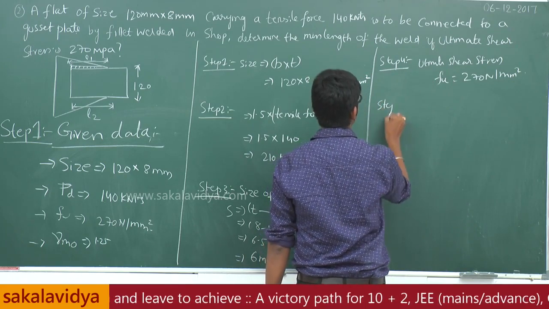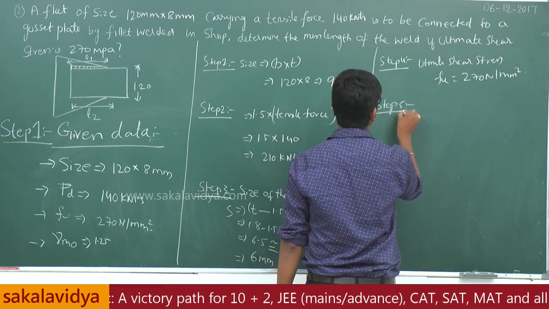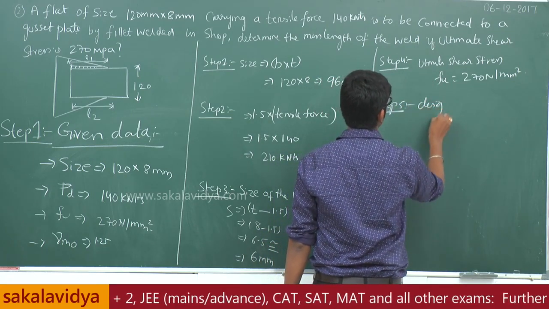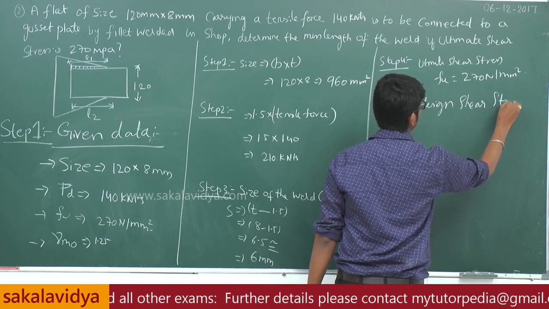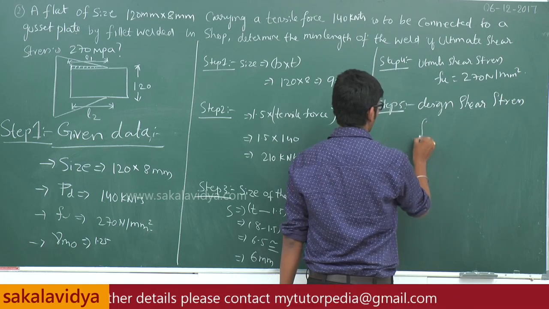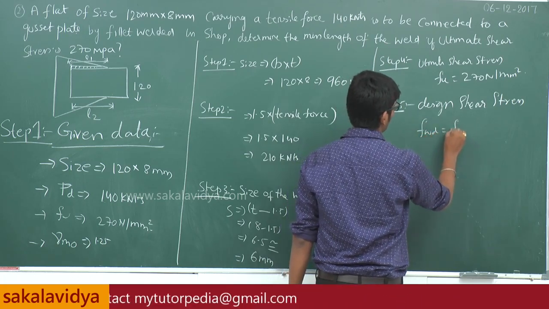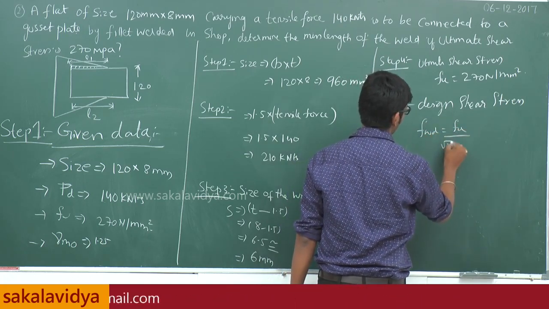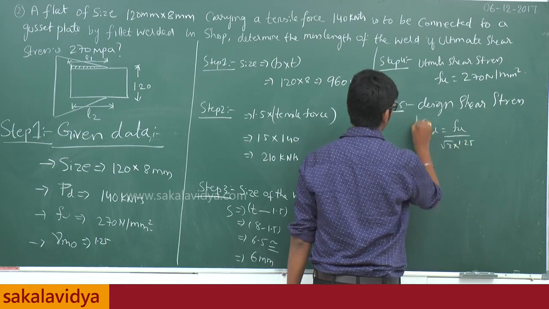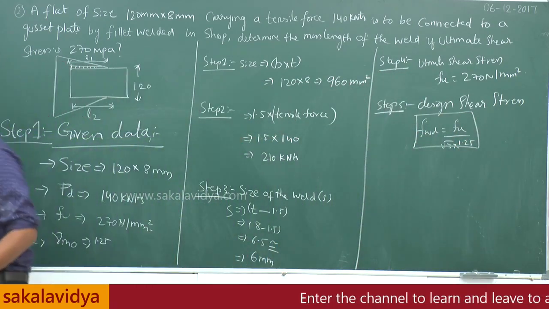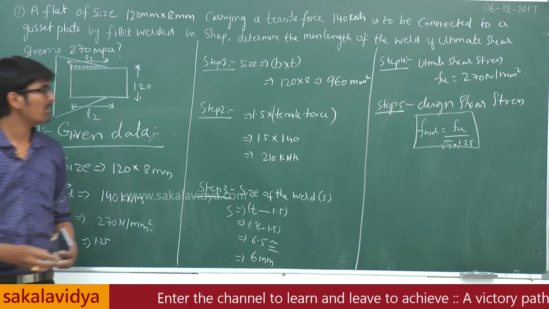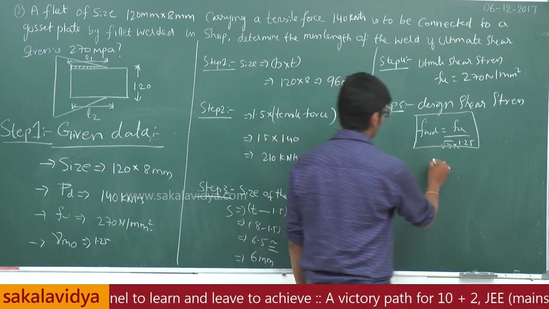Step 5, design shear stress, that is Fwd is equal to Fu by root 3 into 1.25.